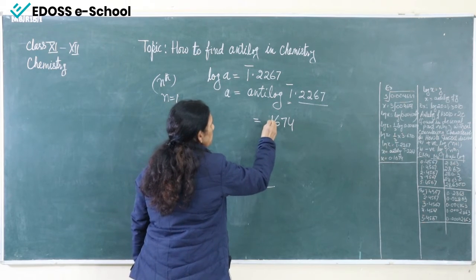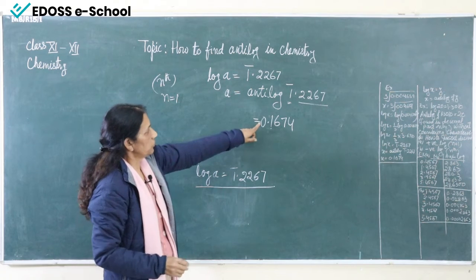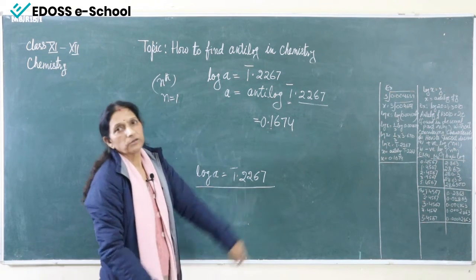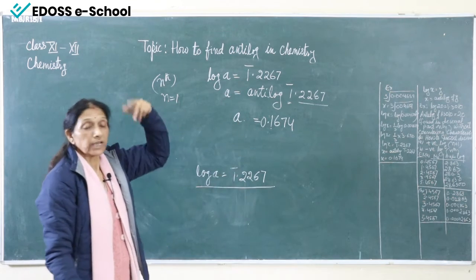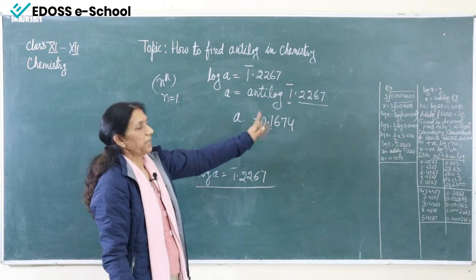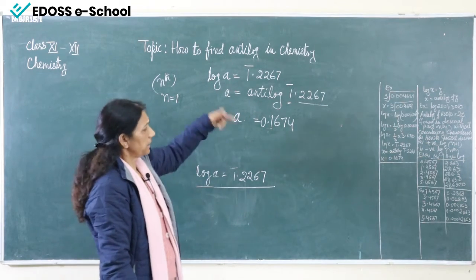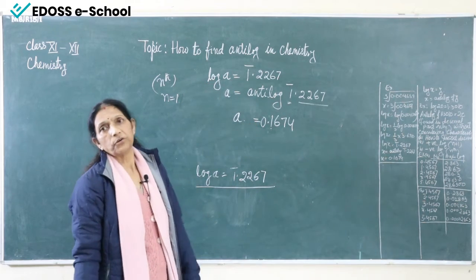I will insert the decimal here. So, this is equal to 0.1674, or A will be equal to this. So, in that question, if I want to find the edge length, this will be my answer. So, in this way, I can easily calculate the value of cubes.